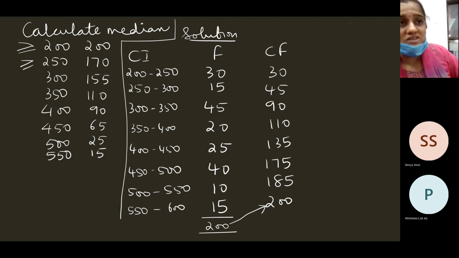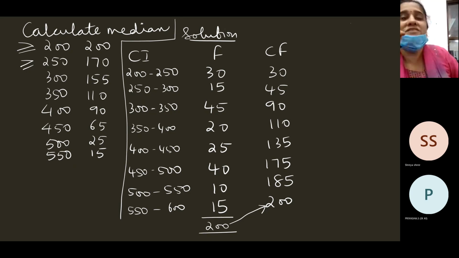The value that is just greater than N by 2 in the CF column, and that is 110. Corresponding class interval 350 to 400, and that is the median class interval.